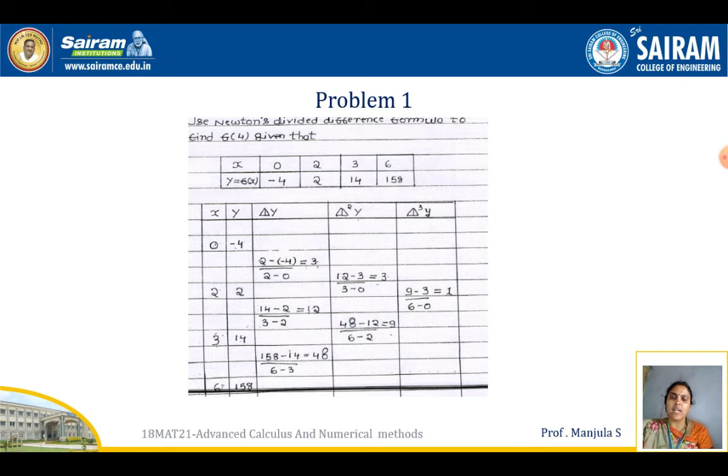After that you go for finding del y, del square y, del cube y with the help of that formula. The del y values will be 3, 12, 48, the del square y values will be 3, 9, and the del cube y value will be 1.